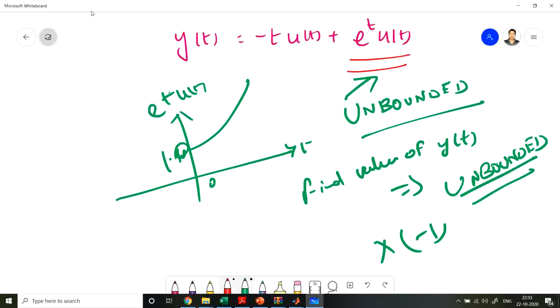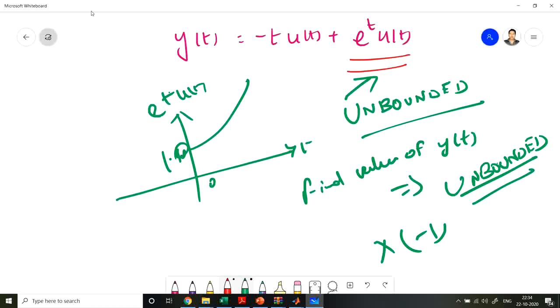So my suggestion to you is to first draw the graph. First find out whether the signal is bounded or not, because only applying the formula will not give you the correct result. Without considering that y(t) is unbounded, we get that the final value is minus 1, but it is not correct because this is an unbounded signal.